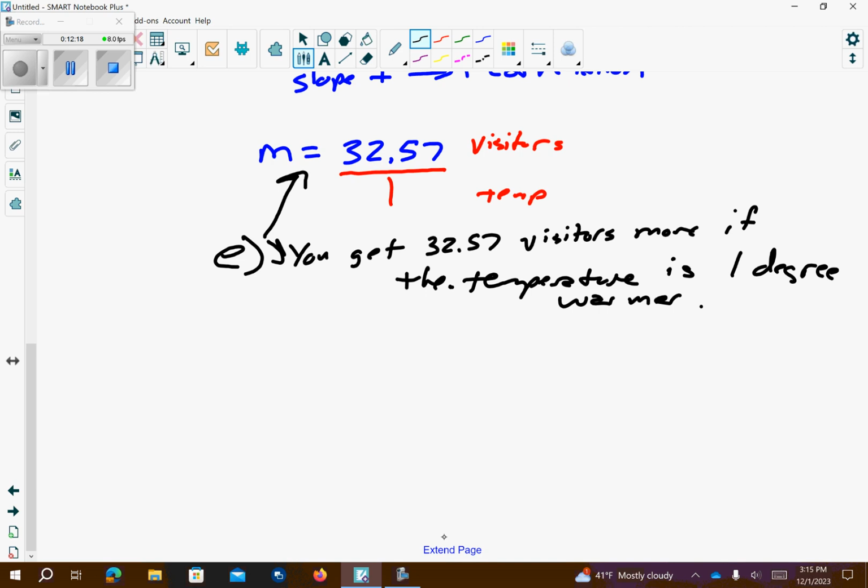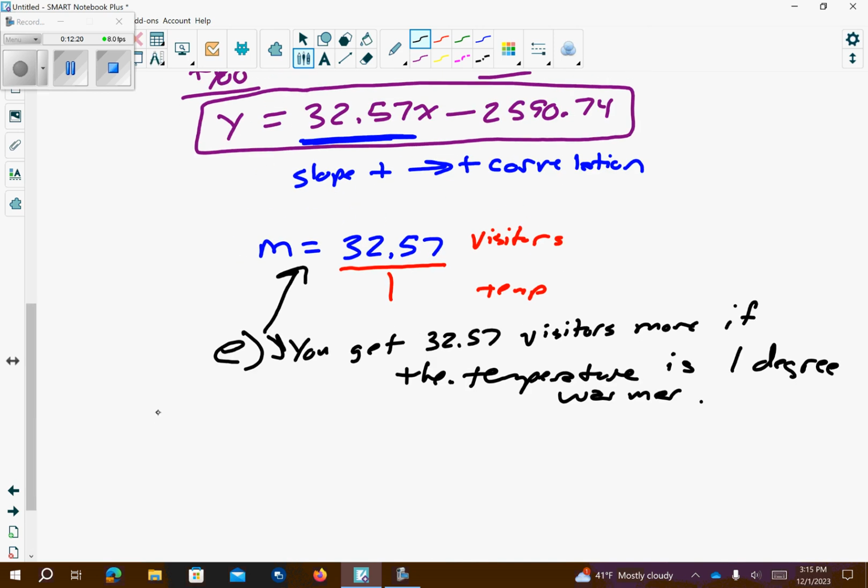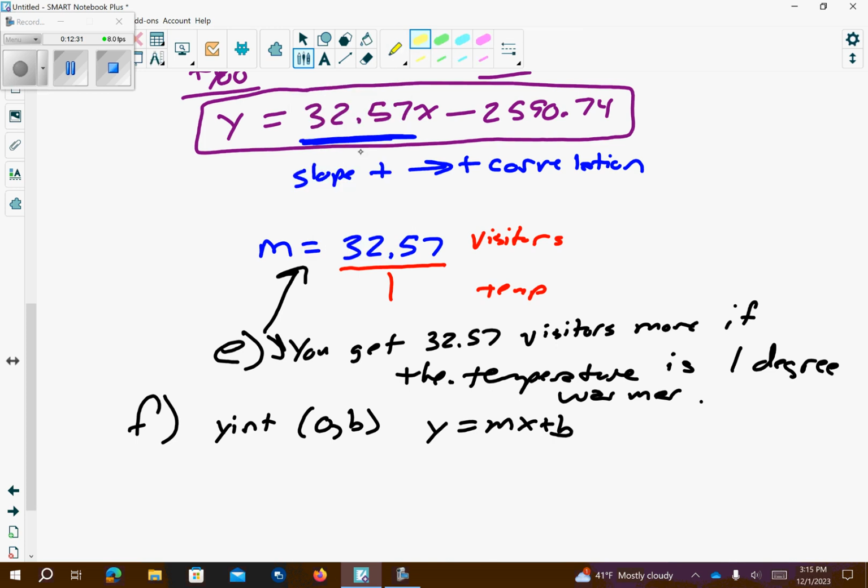The y-intercept, so for letter F, the y-intercept, remember it's 0, b. And remember on our equations, y equals mx plus b. This b value here and this b value here mean the same thing. All right, so our y-intercept is 0, negative 2,590.74. What does this mean in the situation?